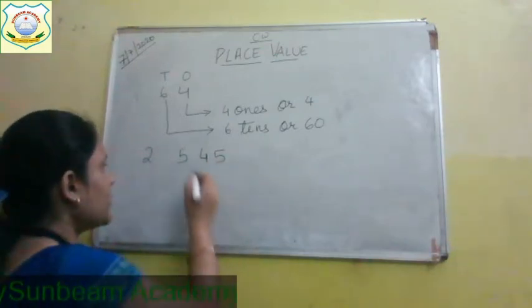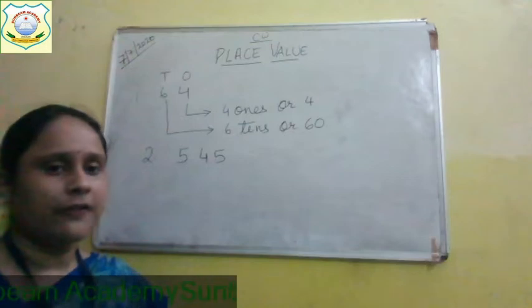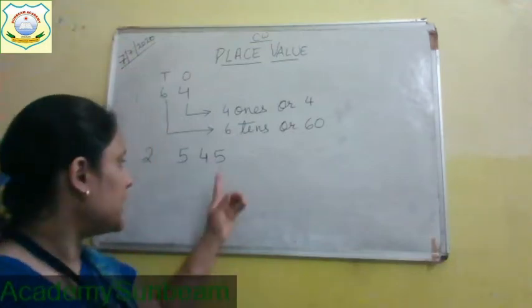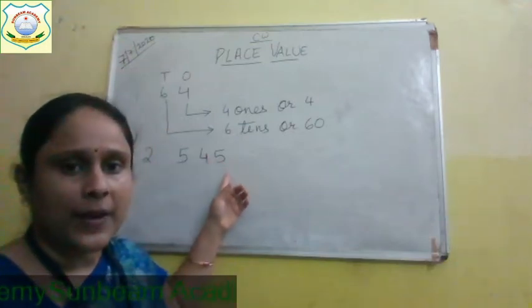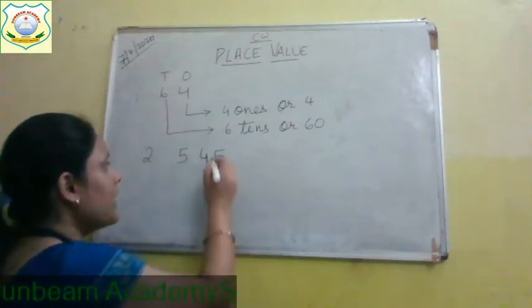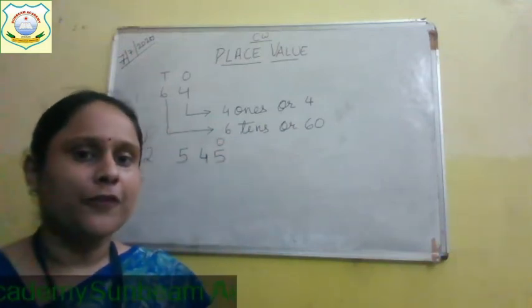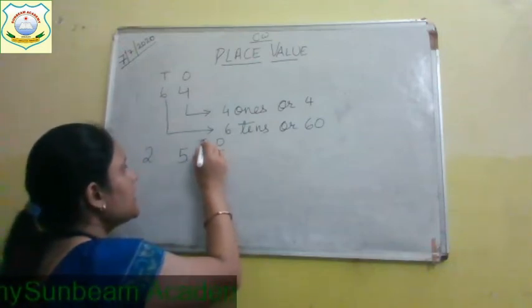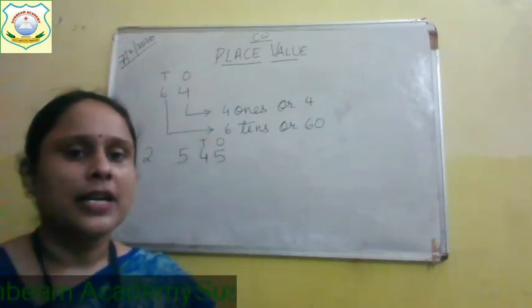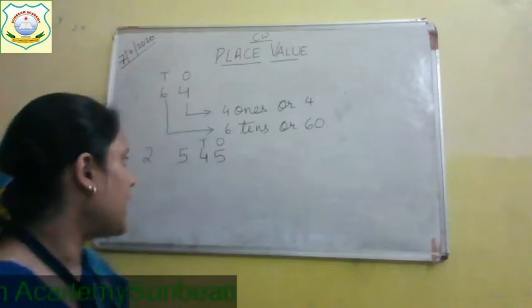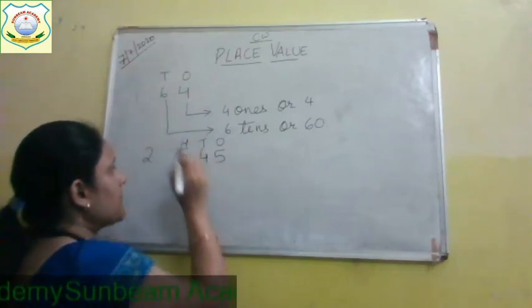Your question number 2 is 545. Now children, in this question, first you tell me this 5 is on which place? It is in ones place. 4 is in which place? 4 is in tens place. And this 5 is in which place? 5 is at hundreds place.